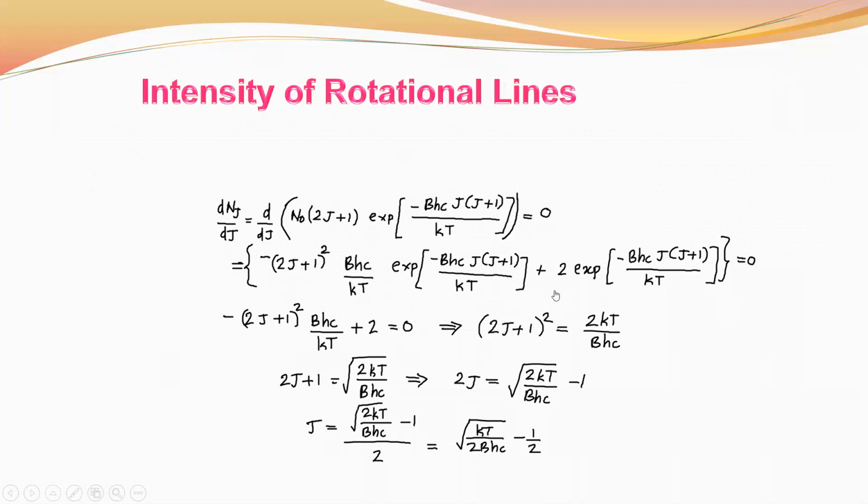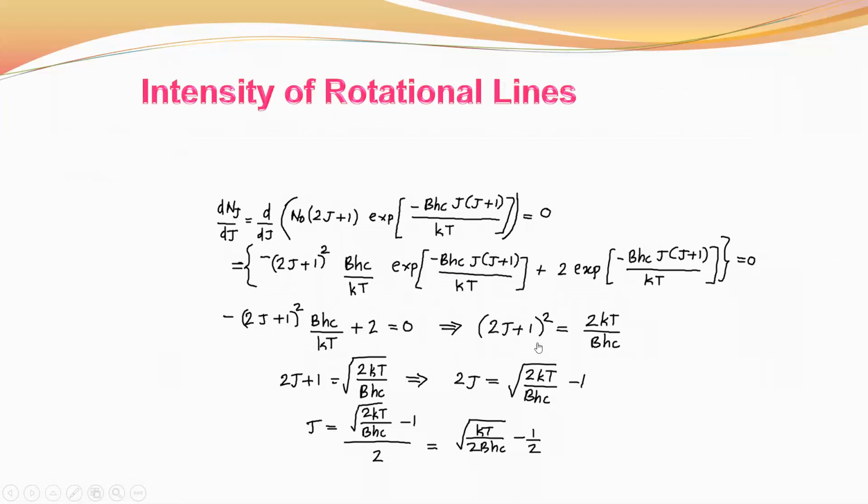Then the second term. In the second term, we keep the exponent quantities constant and find the derivative of 2J plus 1. It is only equal to 2, and we cancel out the exponent quantities. Then the exponentials are cancelled out, then minus 2J plus 1 whole square into Bhc divided by kT plus 2 is equal to 0.